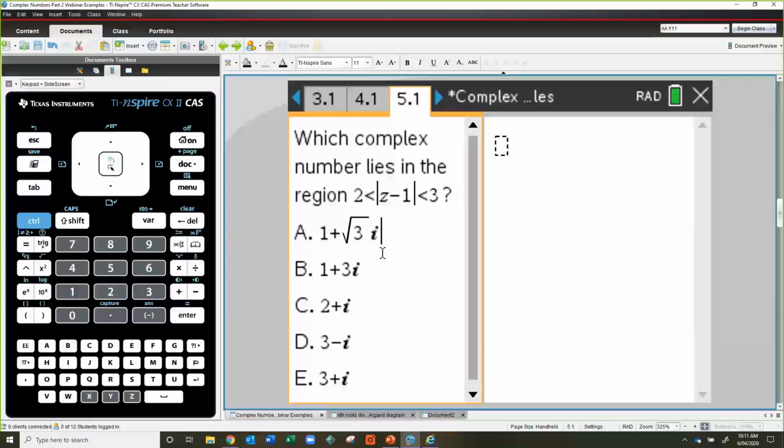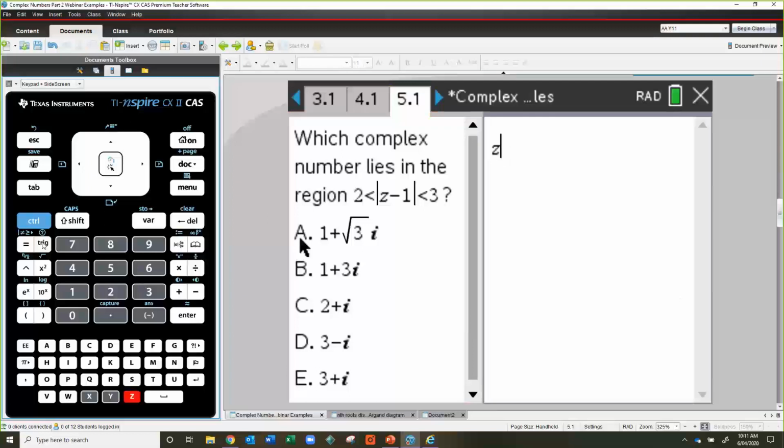Next question is, which complex number lies in the region such that modulus z minus 1 is between 2 and 3? If you did enough questions, you would probably realize that this is between two circles.